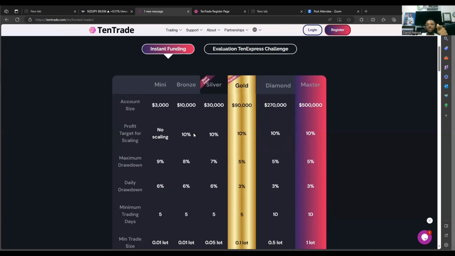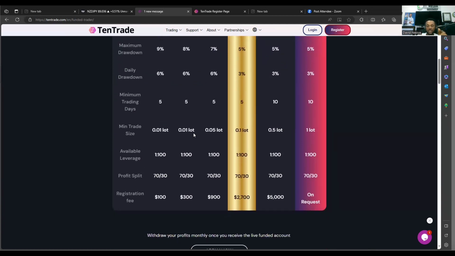Why? You are getting a $200 discount for that. Now look at this. To get a $30,000 account will cost you $900. Guys, listen up. It will cost you $900. But if you make your $700 from your 10K account, Tentrade can scale you up and you have access to a $30,000 account with that $700.